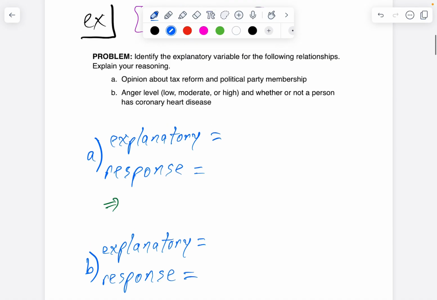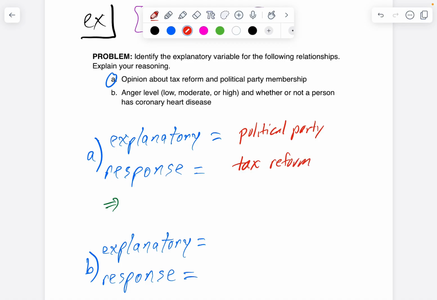So in part A here, the opinion about tax reform and political party membership. If you were investigating that, what's meant is that you would be looking to see if knowing someone's political party, meaning do they identify as a Democrat, Republican, Independent, Libertarian, Socialist, etc., is going to help us make a prediction on their opinion on tax reform.